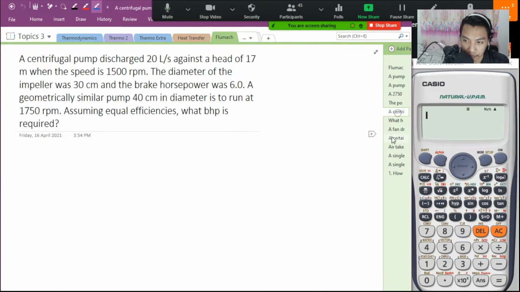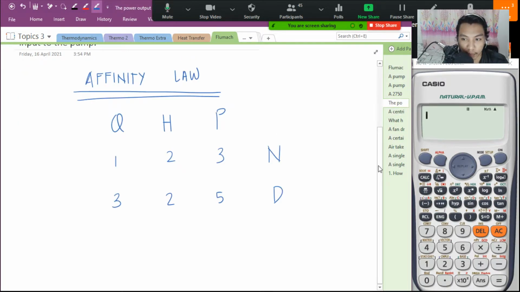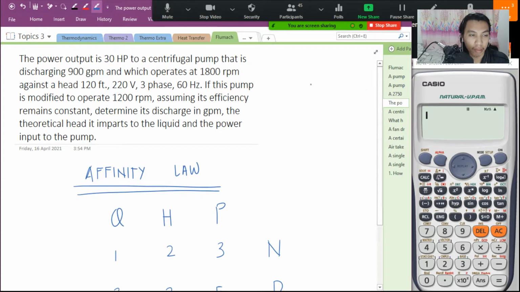Let's go back. How about number 4? You're given a power output of 30 HP. So P2 is 30 HP. Discharging. Q1 is 900 GPM.